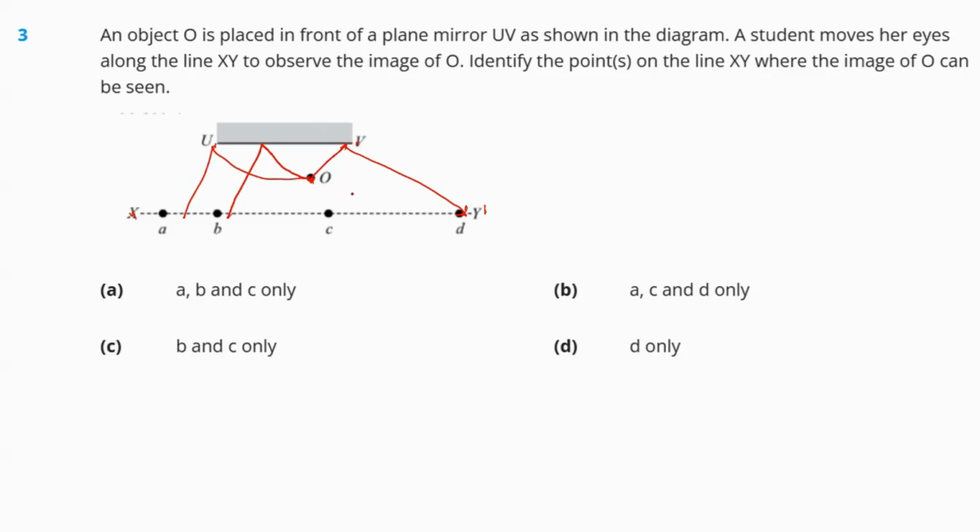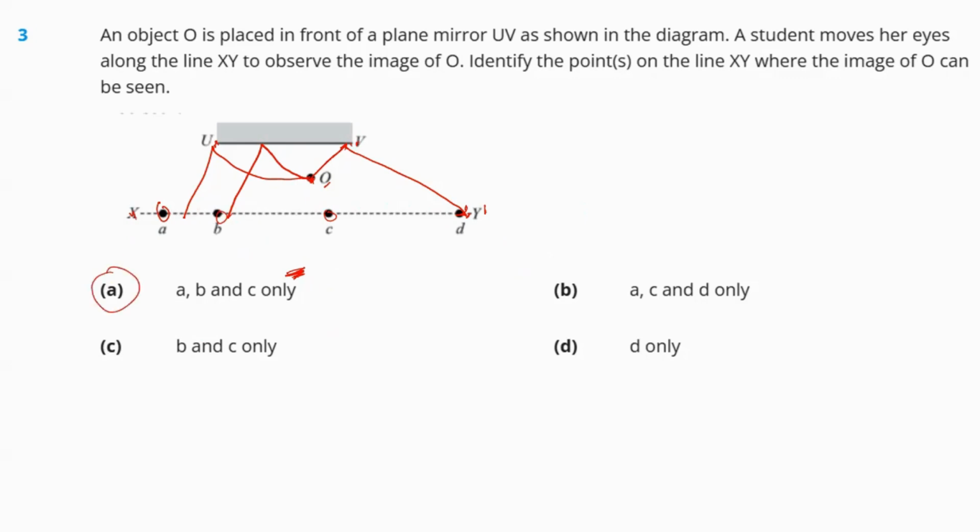The mirror is fixed, the object is fixed, the student is also here, only the student is moving her eyes. The image would be formed beyond these points also, but we can see only as far as our eye is able to receive the reflected rays. Beyond here it is going beyond the limit that our eye can see. So our answer would be A, B and C. Until here, our eye would be able to see the image.